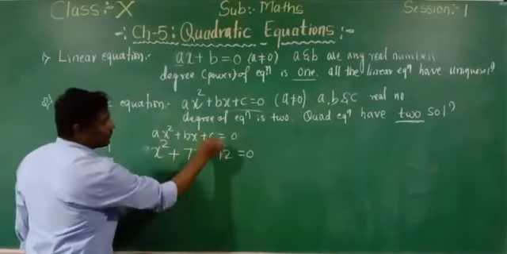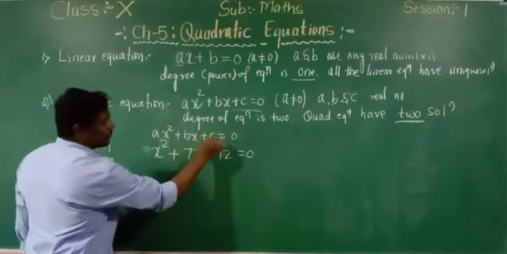Now we will simplify the given quadratic equation. The quadratic equation has two solutions. In the previous classes we already learnt by factorizing, or by splitting the middle term into two terms. Whenever we are going to factorize a given equation, we split the middle term into two terms.